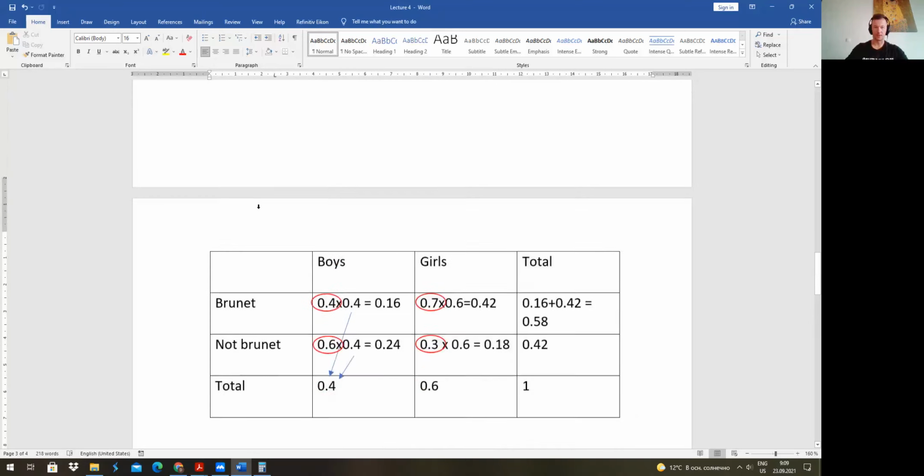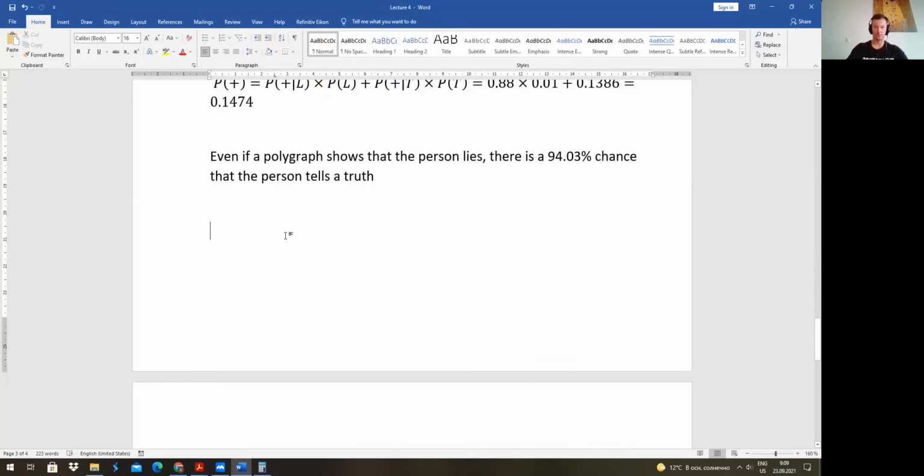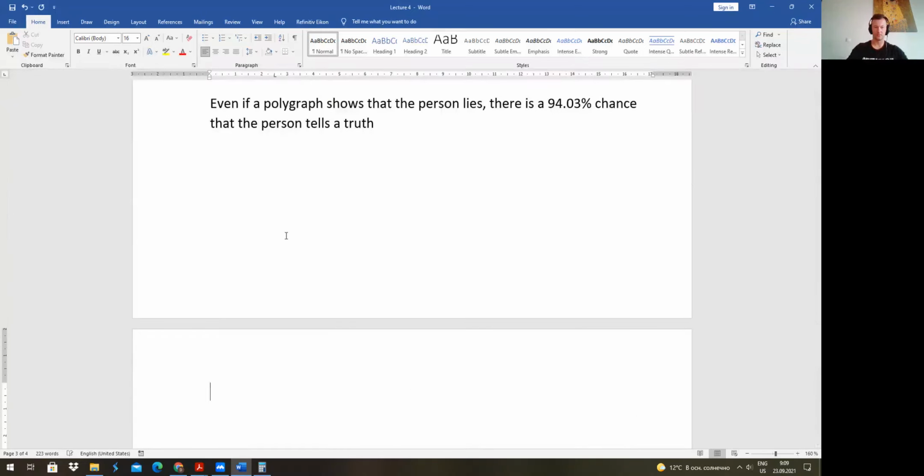Let me meanwhile go to the polygraph example about COVID.